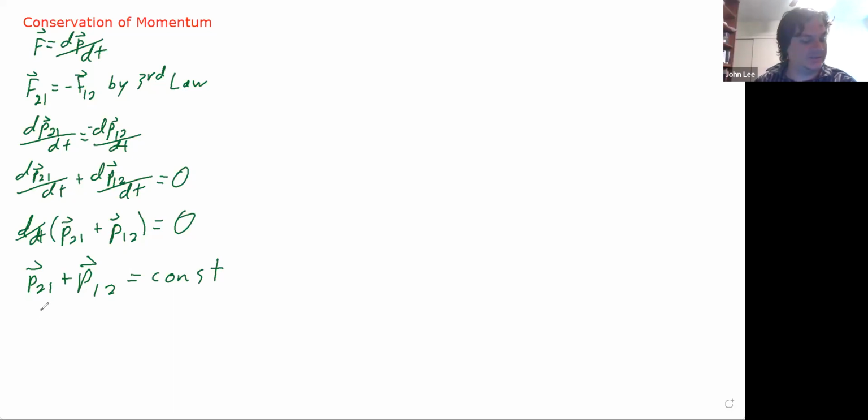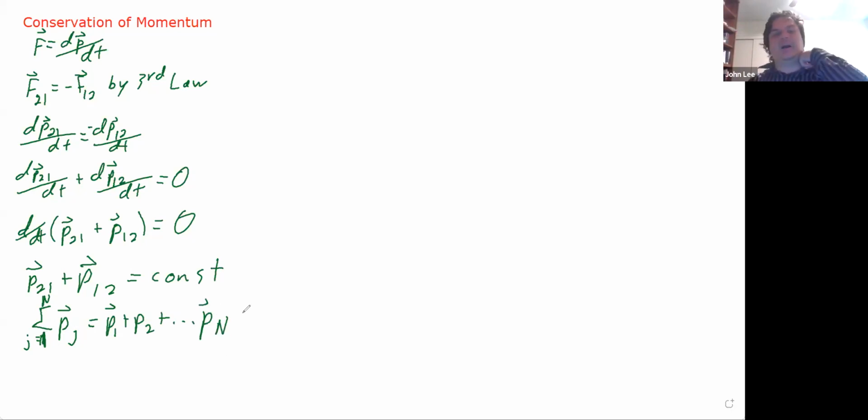And then we can, of course, make this less specific to just P1 and P2 and say that the sum of Pj from j equals 1 to j equals n, which equals P1 plus P2 plus dot dot dot Pn, is also constant by the same reasoning.